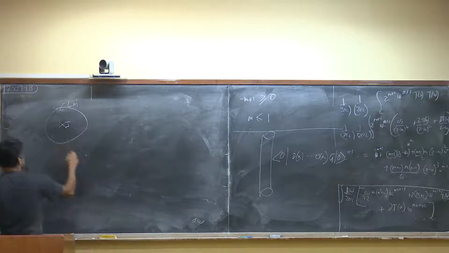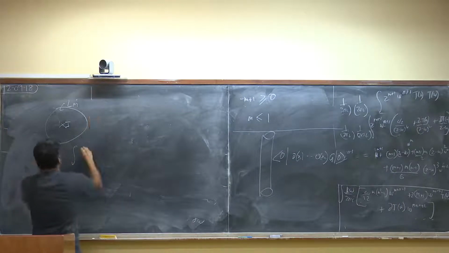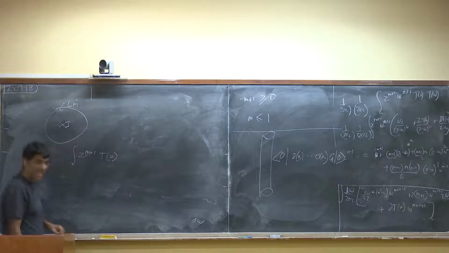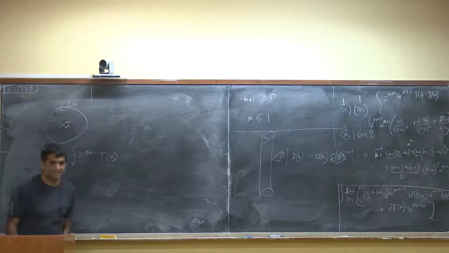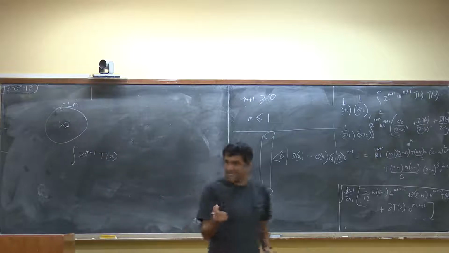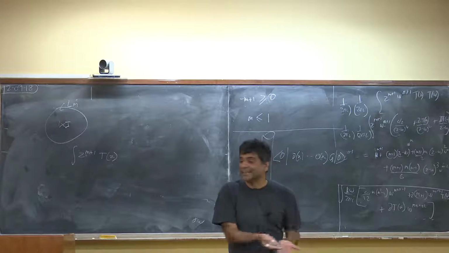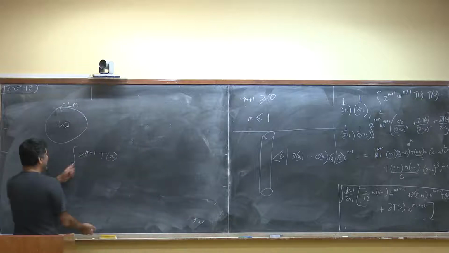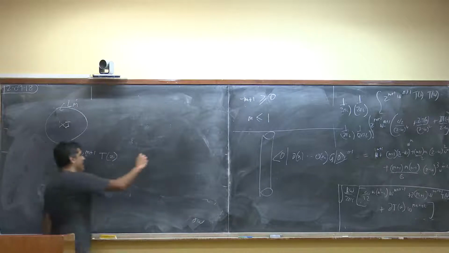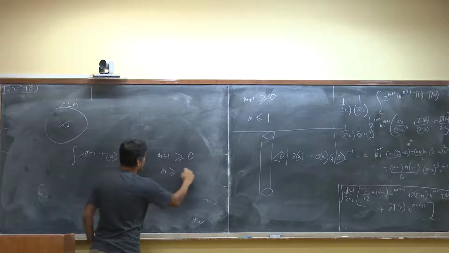Exactly. So what we've got to do is to compute the integral of z to the power m plus 1 times T of z. Now in general T was analytic everywhere except for the origin. But in the special case of the insertion at the origin being the identity operator, T is analytic also at the origin. Okay? So this thing is a completely analytic function provided m plus 1 is greater than or equal to 0, or m is greater than or equal to minus 1.